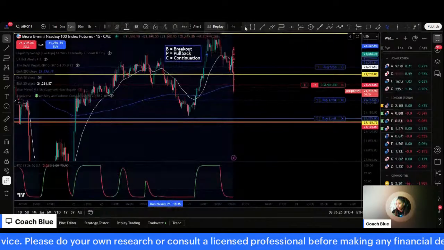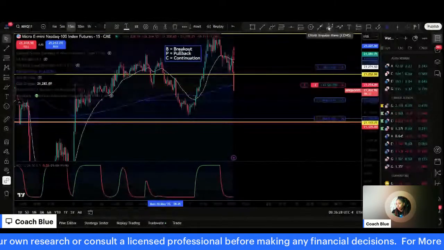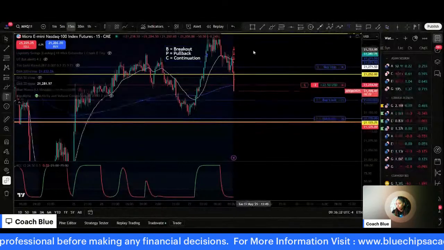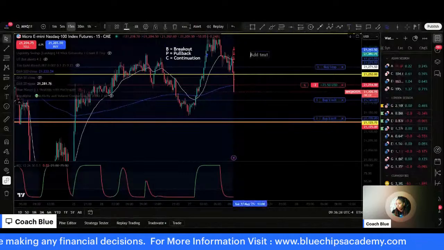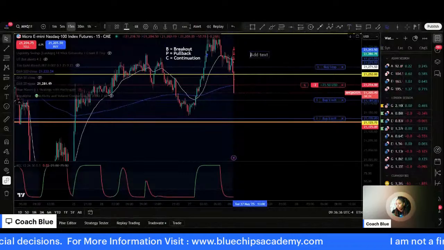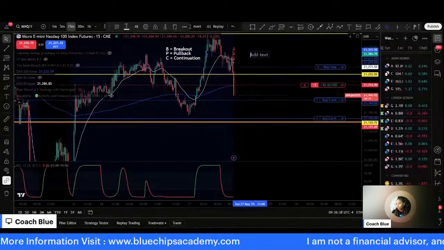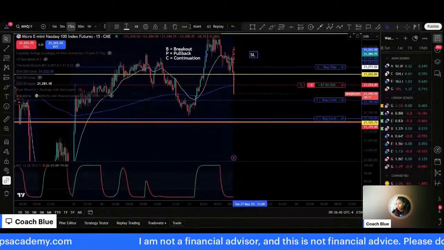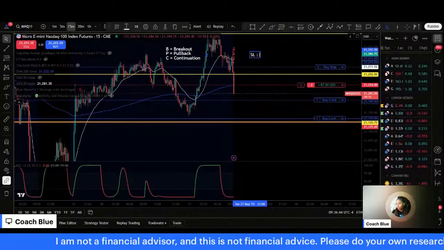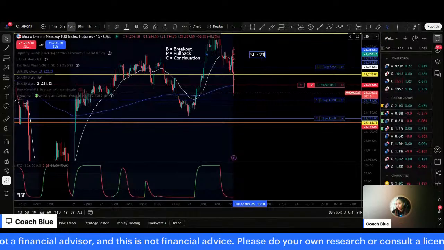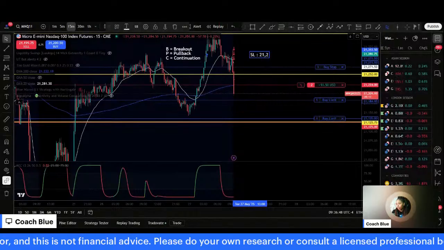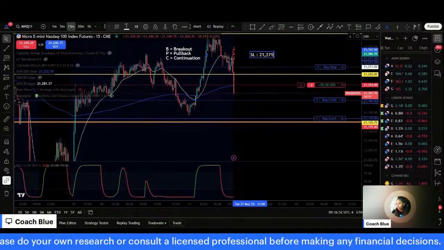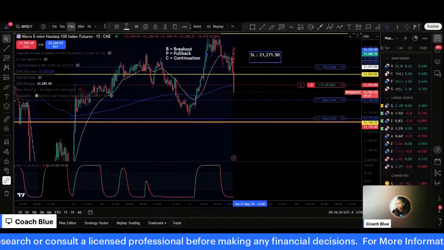Okay. Let's see if we can hit at least TP1. And then if we hit TP1, I'm going to go ahead and move my stop loss to break even for the second position. Okay. So stop loss 21,271.50.